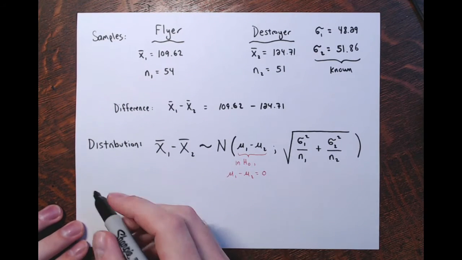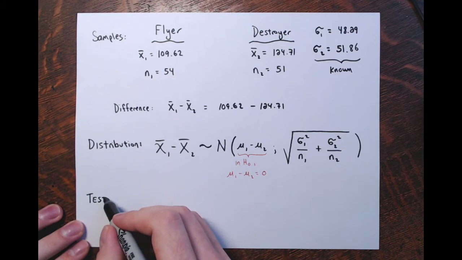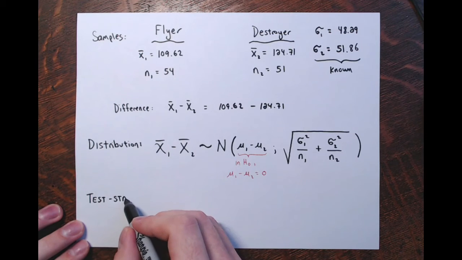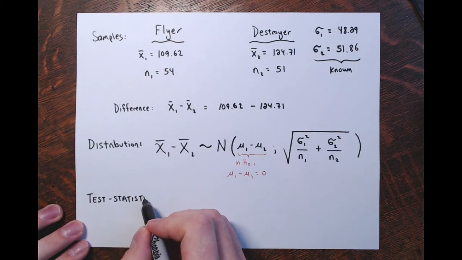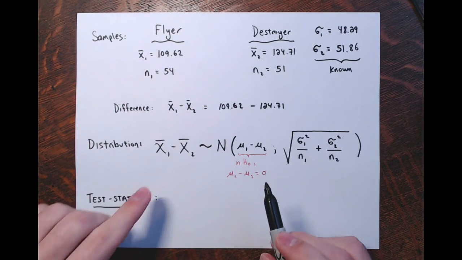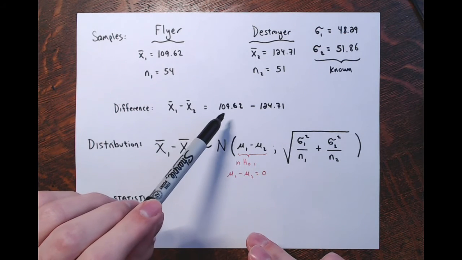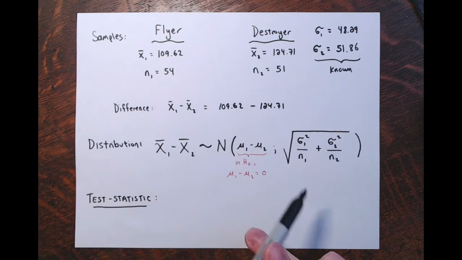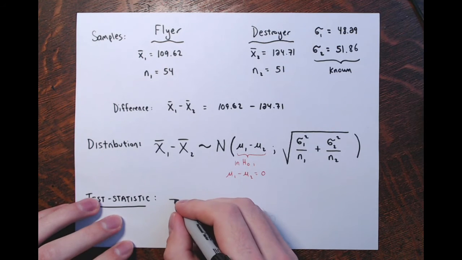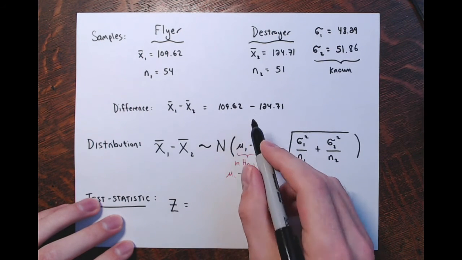And then your test statistic will just be, look at this distribution of the difference between sample means. We're going to take a look at our difference and find the z-score for our difference.